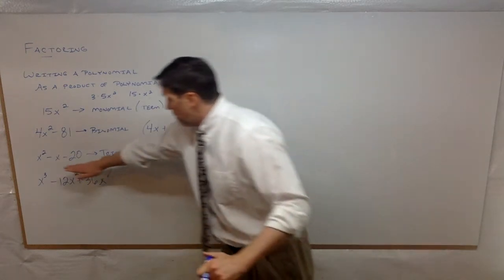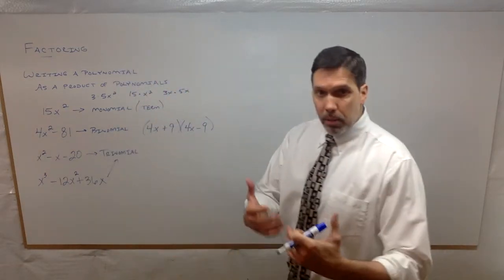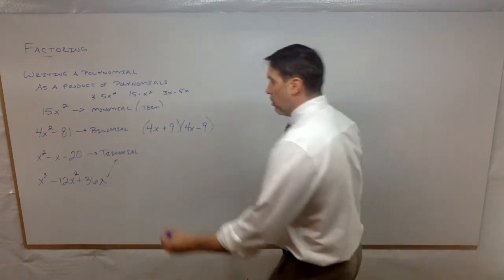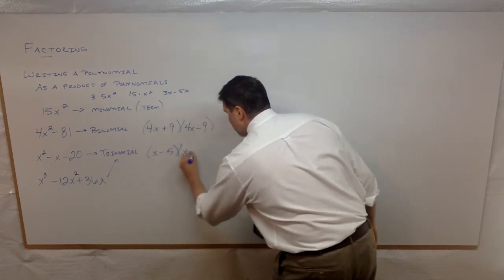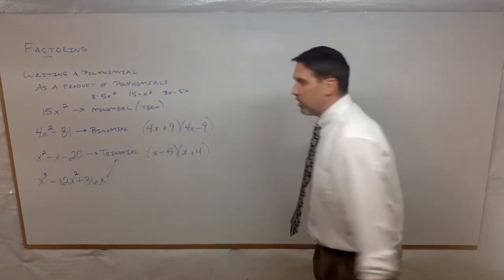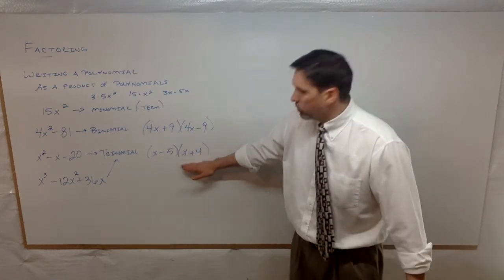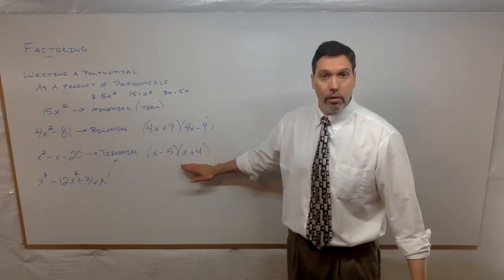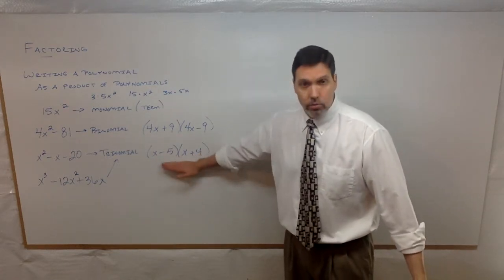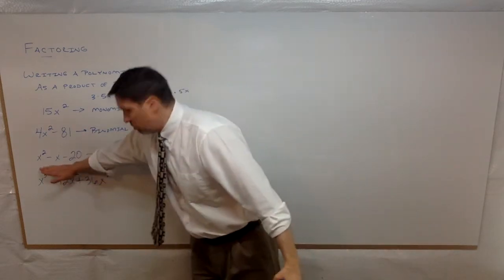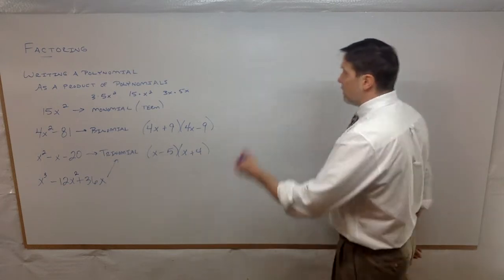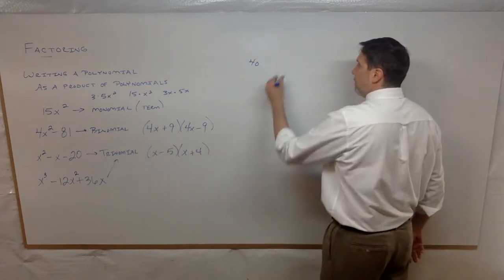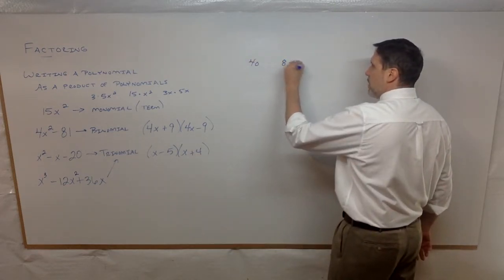This one right here also can be represented as the product of 2 binomials. That would be x minus 5 times x plus 4. Now you might recognize we can multiply these two using what's called FOIL: first, outer, inner, last. If you do FOIL to this, you do get this statement back. So these are the same thing. It's as if I said, you can write 40 or you can write 8 times 5.